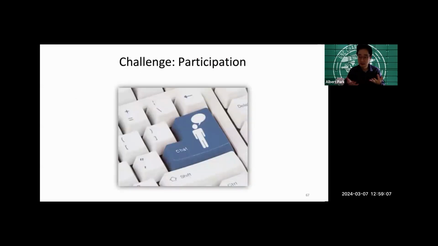However, despite the benefits, one major challenge of online communities is active participation of members. Without their active participation, members receive fewer benefits.